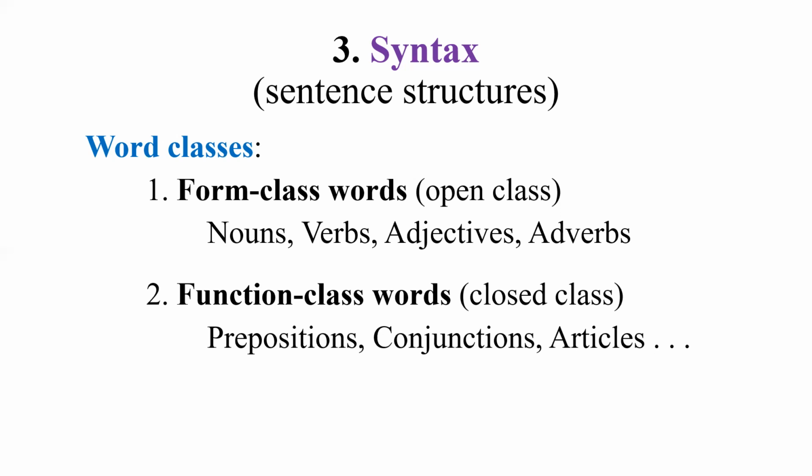Articles, we still have in English: a and the. There is hardly any new article because of COVID or any other situation. So these word classes are almost closed. There are no new entries. So that's why they are called closed class. On the other hand, form class words are open class.